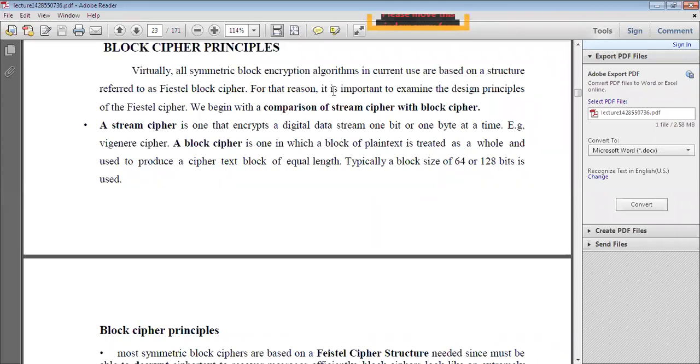Similarly, with a block size of 128, the entire plain text is divided into a number of 128-bit blocks. Similarly 256. So that is the block cipher principle: the entire plain text is divided into blocks.